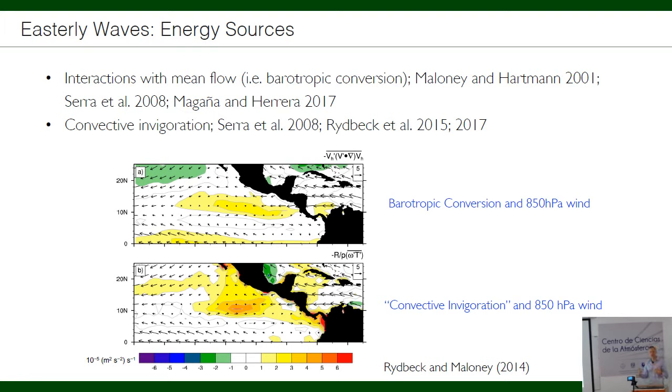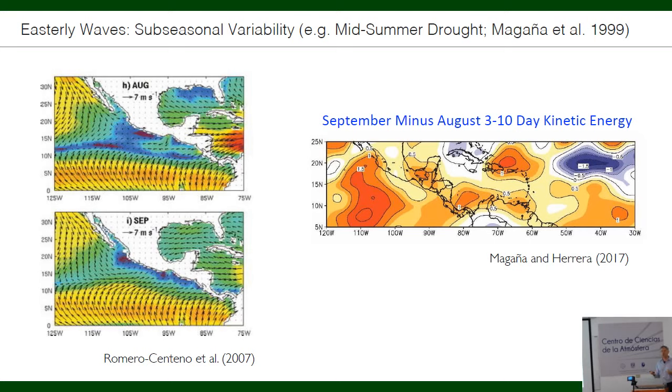The importance of things like the mean flow in the jet for invigorating easterly waves has been demonstrated in the scientific literature. For example, there are variations associated with the midsummer drought of the Caribbean low-level jet and flow in the Eastern Pacific.